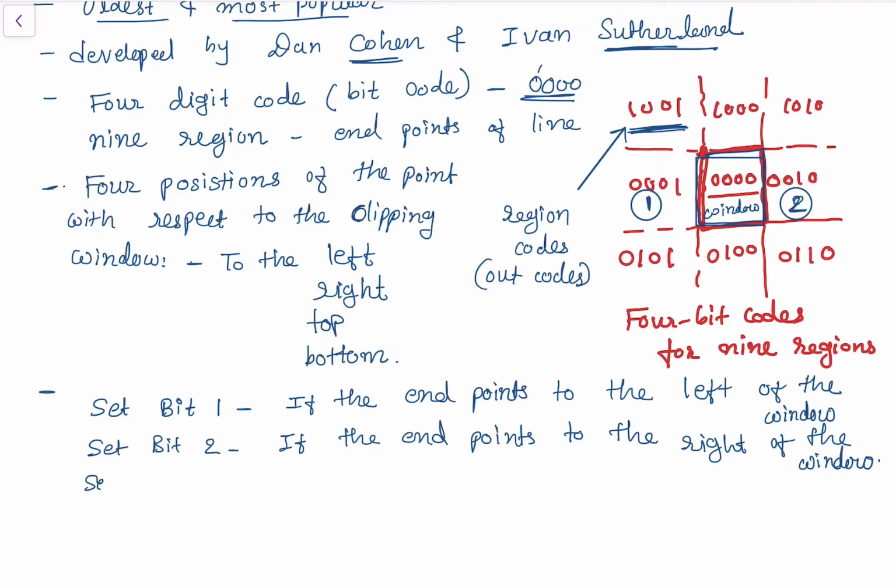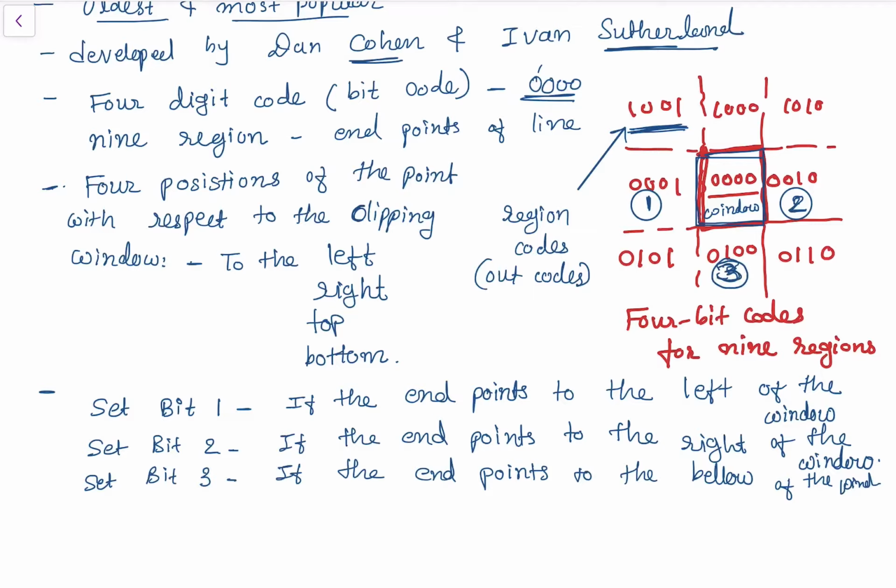Set bit 3 if the endpoint is below the window, means the point that is below this one.